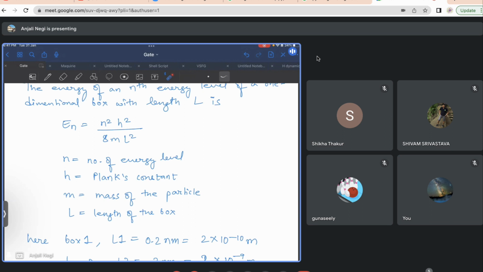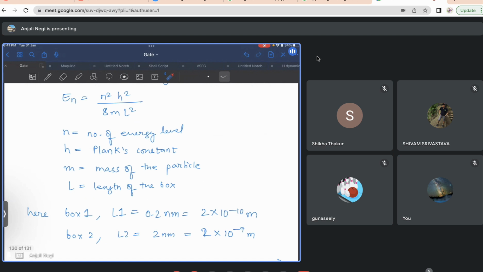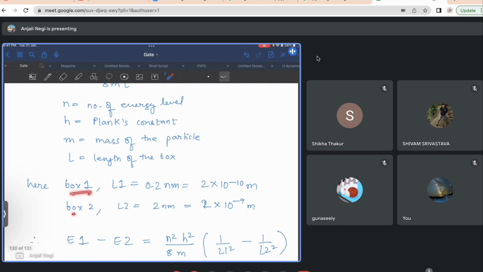Here we are talking about an electron, so we take the mass of the electron. L is the length of the box. For the two one dimensional boxes, box 1 and box 2, L1 is 0.2 nanometer and L2 is 2 nanometer. So L1 is 2 into 10 to the power minus 10 meter and L2 is 2 into 10 to the power minus 9 meter. I have just converted them into meters.